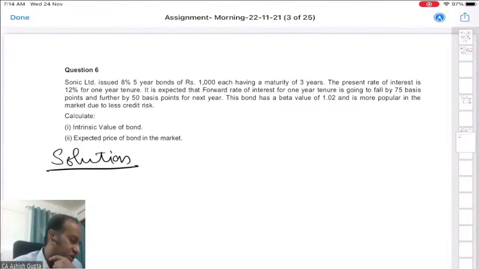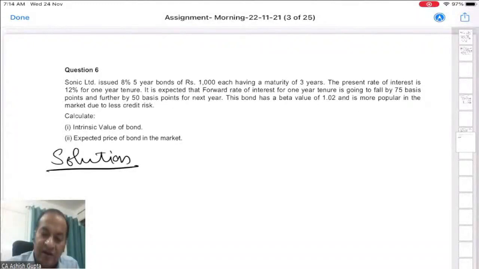Now in this question it says, Sonic Limited issued an 8% 5-year bond of rupees 1000 having maturity of 3 years. The present rate of interest is 12% for 1 year tenure.